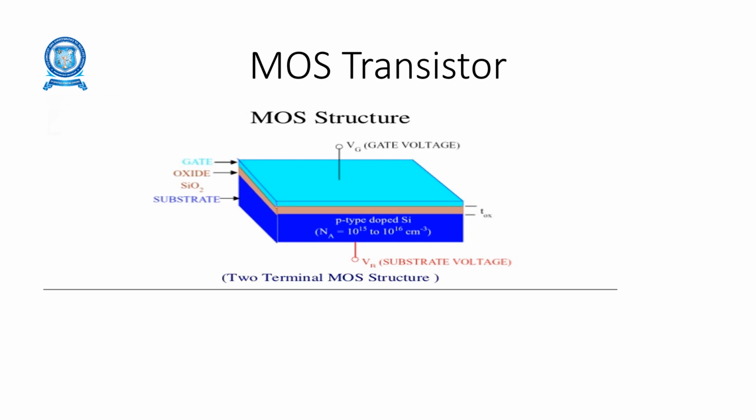First one, gate level, second oxide, silicon dioxide, like we are having a number of layers used to form the single transistor. In the metal oxide semiconductor, the SiO2 layer in between is going to produce one layer in the transistor. That's why we are using the metal oxide semiconductor.